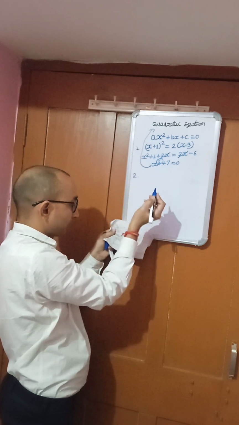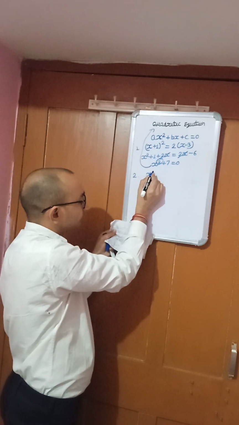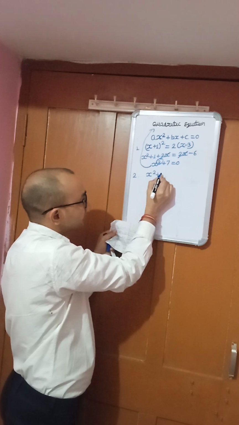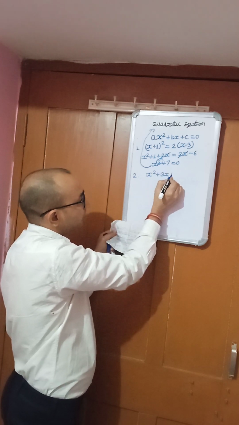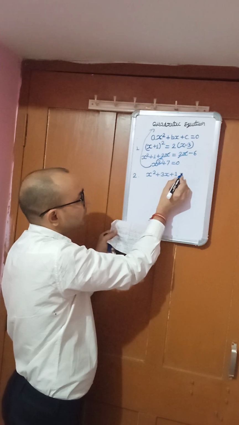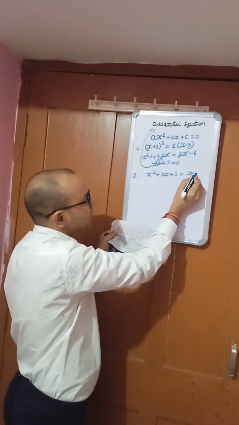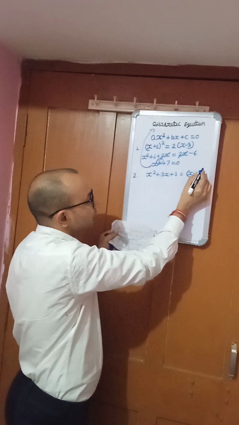Second problem, x square plus 3x plus 1 equals to x minus 2 whole square.